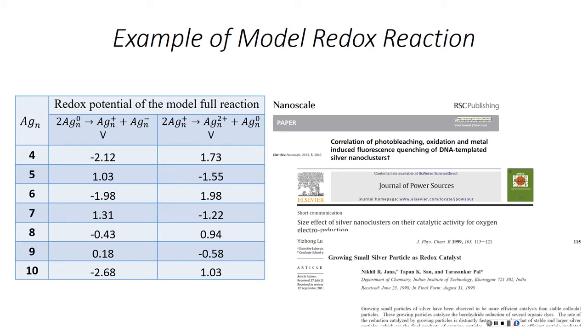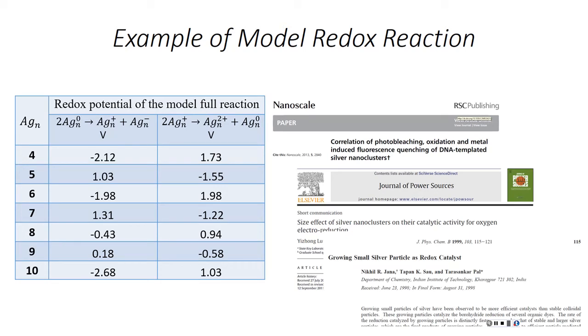The other reaction I considered is that if you form a silver plus ion, then with time, through redox reactions, you may have silver 2 plus and silver neutral. In both cases, looking at the numbers from my reduction potential calculations, this number is higher in this case, and for 4, 5, 6, with increasing size it decreases the redox potential.